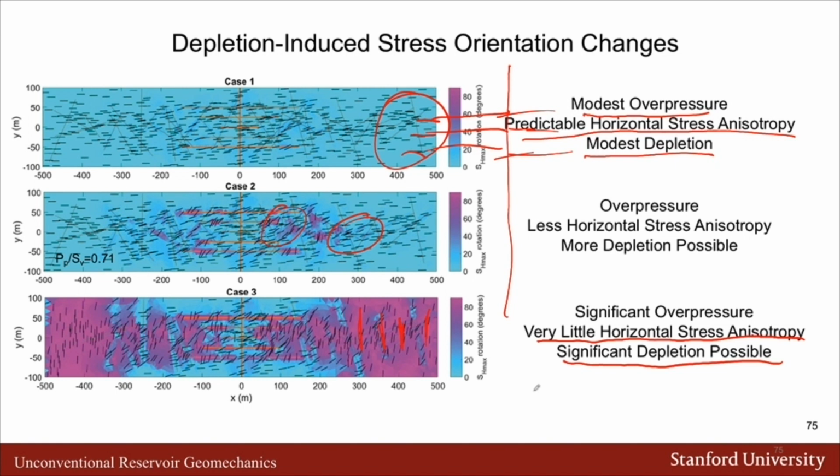Now, this is very dependent on how we set this model up, the assumed initial stress state, the assumed properties, where we put the fractures, how we do all this. But nonetheless, very significant changes can occur when you start with a condition of very little horizontal stress anisotropy, and we superimpose on that very significant depletion-induced poroelastic stress changes.